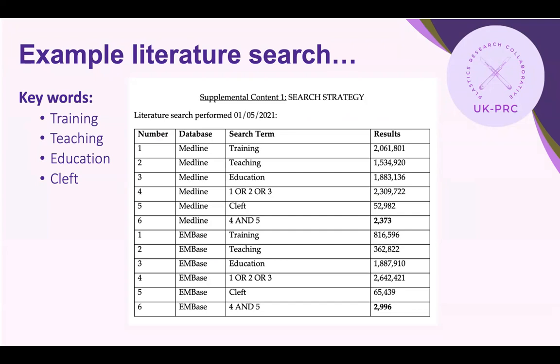For the paper that we were discussing about the cleft lip and palate training in low-income countries, we've got keywords being training, teaching, education, and cleft. You then document how many results you get for each finding, and that way you have your total.